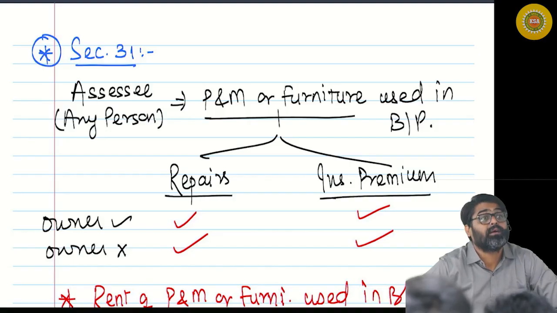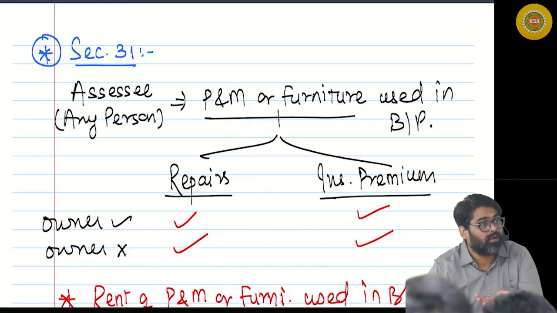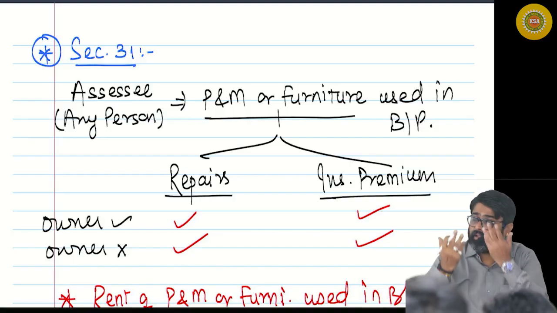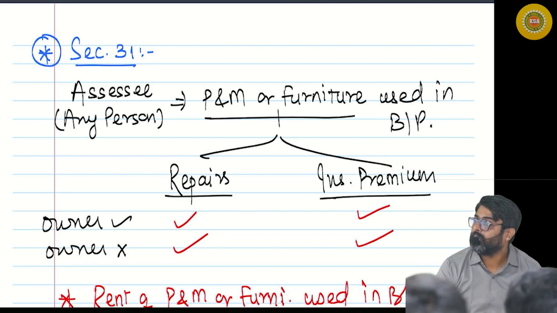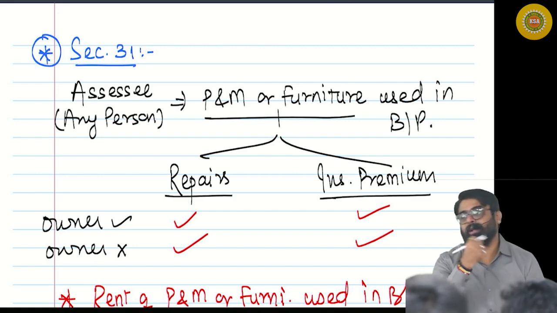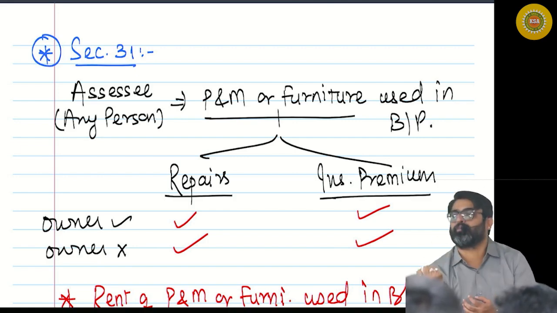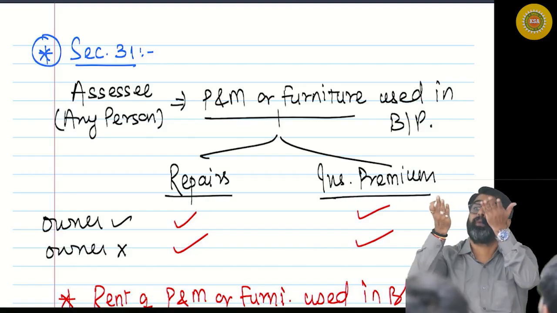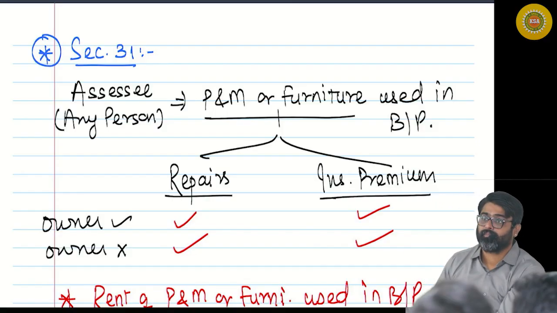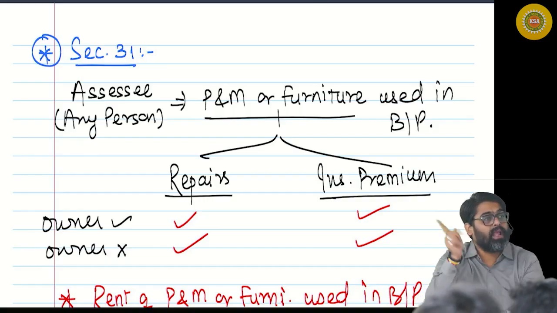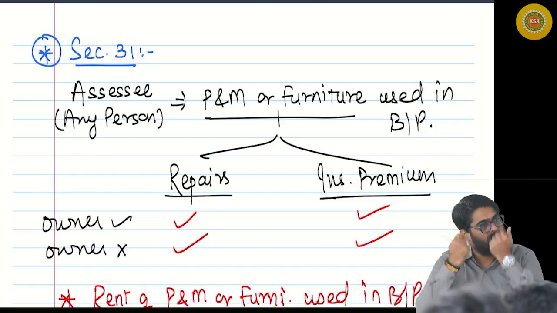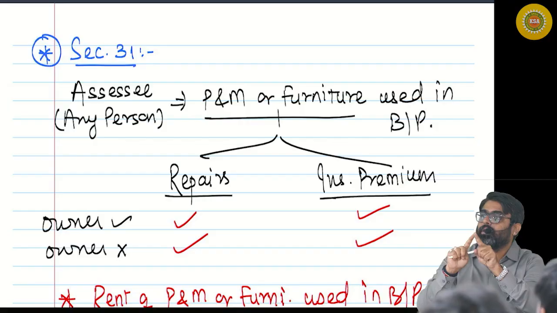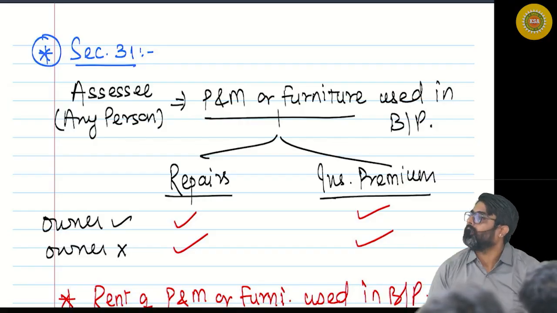These are other assets other than building, and even they are used for the purpose of business or profession. So you are earning business income, and these assets help you to earn that business income. Building will help you to earn business income, and these assets are helping you too.